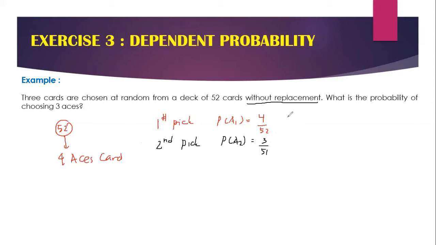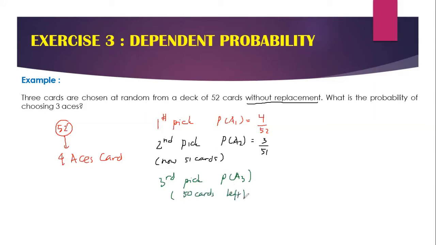Because when we took one card from the beginning, now the composition is 51 cards. Now we go to the third pick. The probability of ace 3: our new composition is 50 cards left.